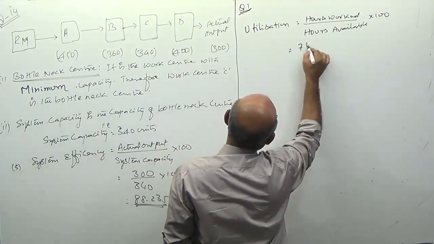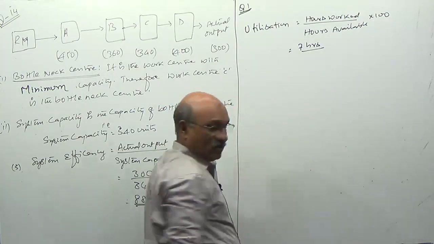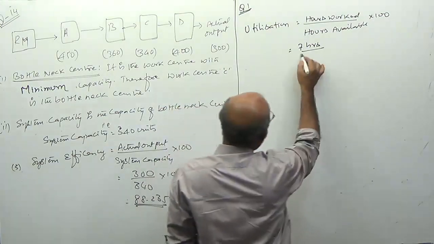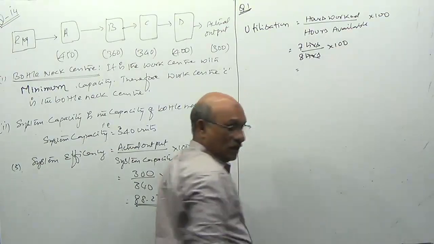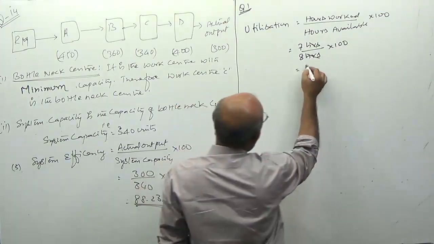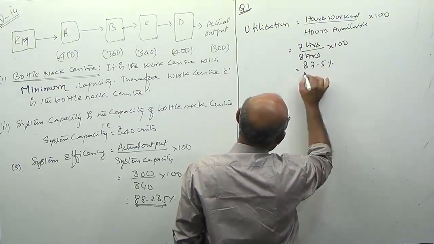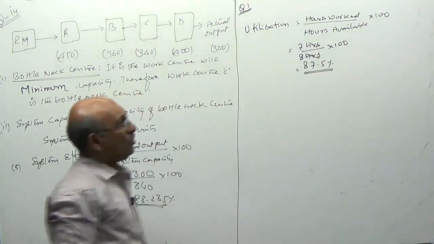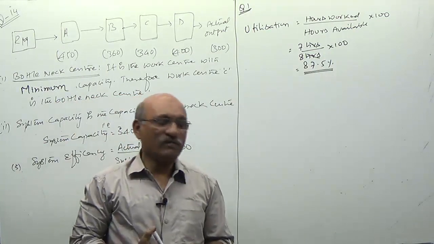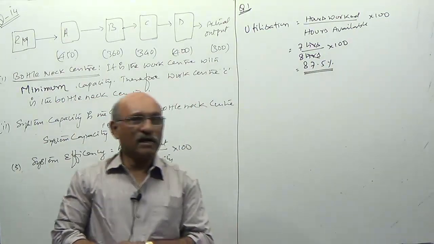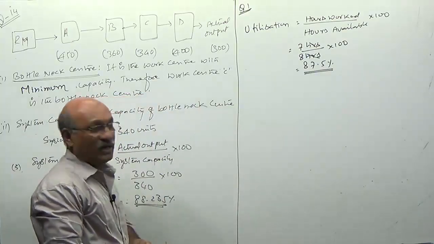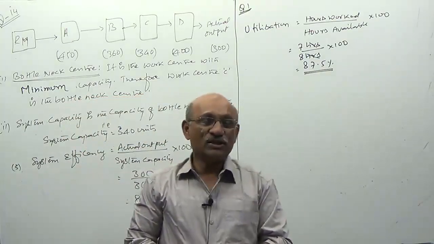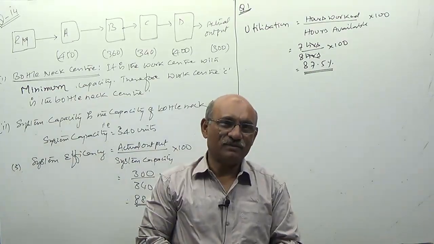He worked 7 hours only. Hours available is equal to 8 hours, into 100. This is equal to 87.5%. So out of 8 hours, 7 hours only he had clocked for the work. It means 87.5% utilization.